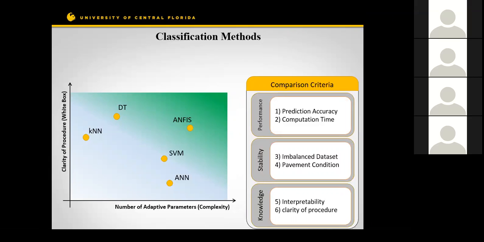Other than accuracy, we were also very interested in computation time, because at network level analysis that becomes very important. But other than that, the usual challenges of image processing and using computer vision for this task, one of them is imbalanced data sets.